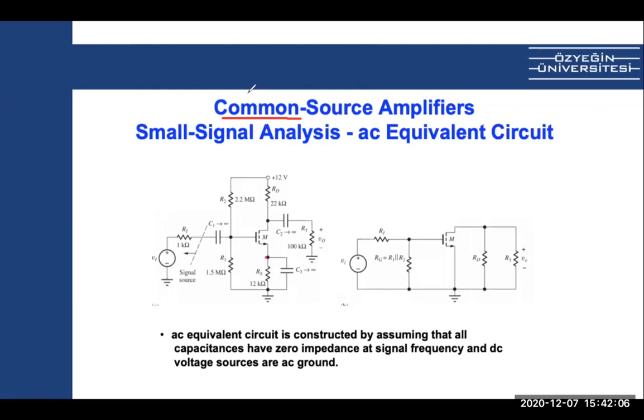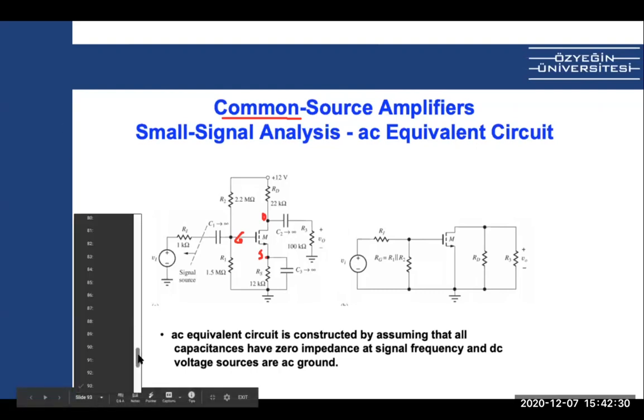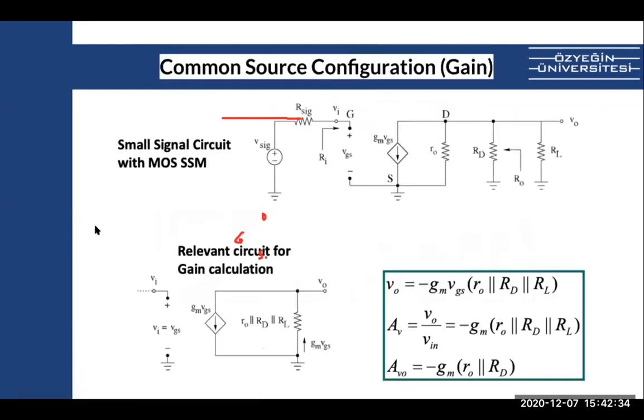So the node that you want to get is, for instance, this is a common source amplifier. This is source, this is drain, this is gate. And with a MOSFET, you can create 3 different amplifiers, which means you can get a signal from some points.